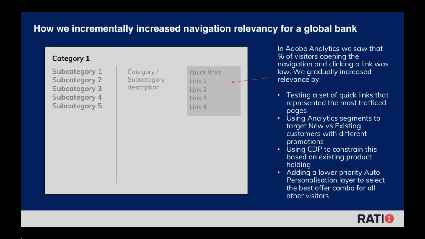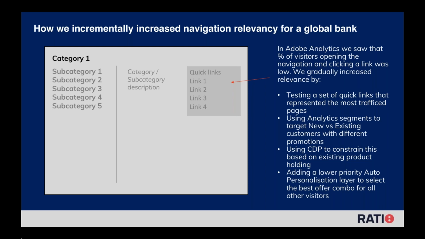So what we found when we conducted analysis in Adobe Analytics is that only a small percentage of users who opened the navigation actually clicked a link. And you would have to say we were looking at a micro KPI for the navigation menu, or trying to understand how effective it was, or how effectively users were able to use it. Whether or not they could find a link to click is a pretty good one.